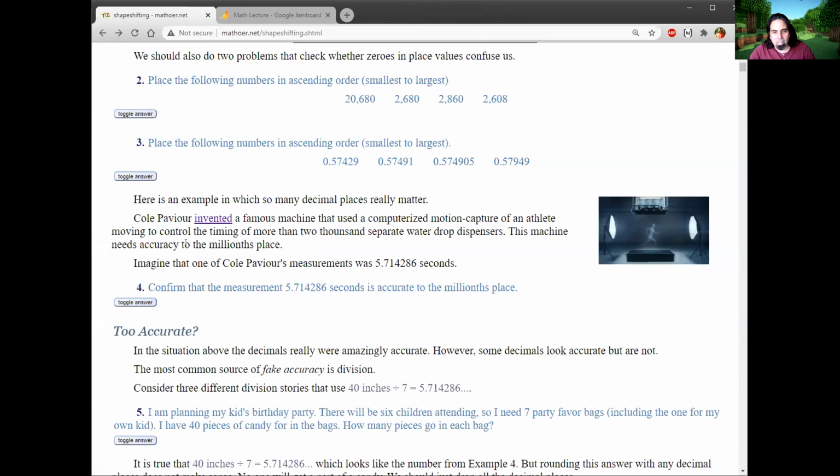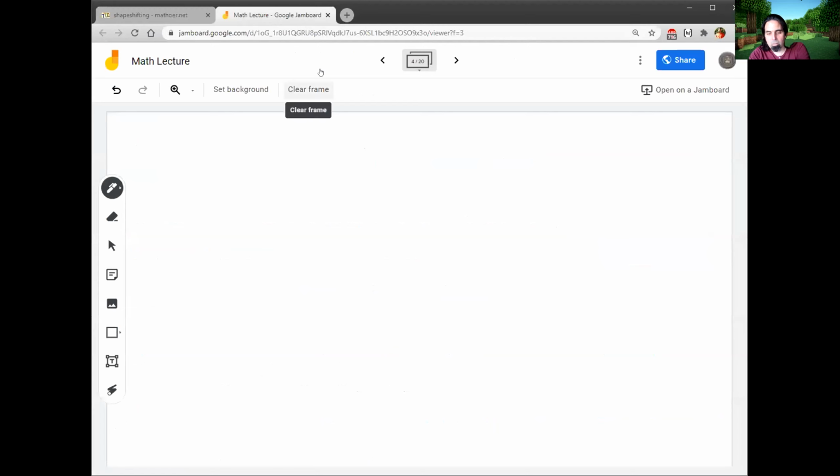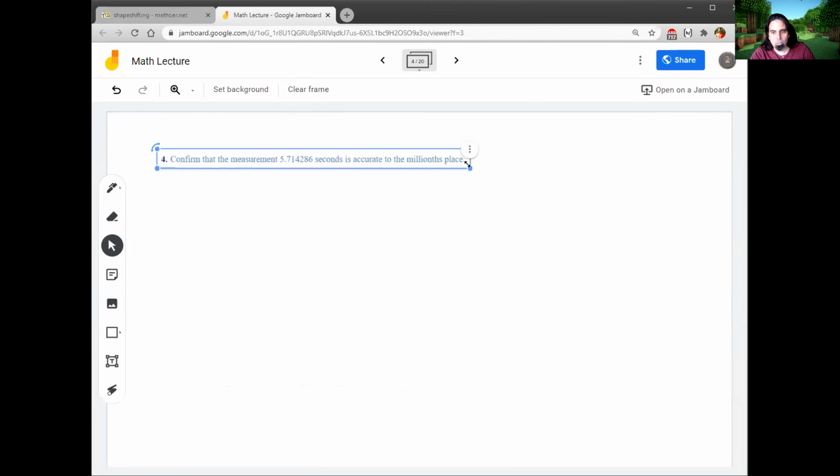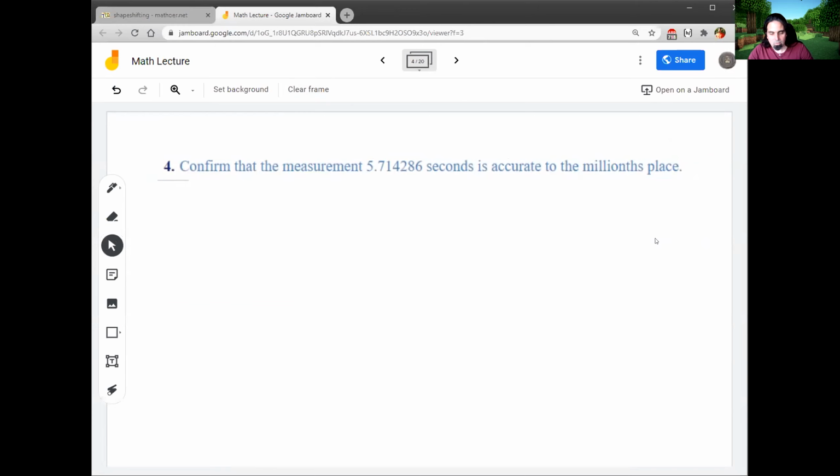So he had to measure things accurately to the millionth place. So we are going to confirm, if you actually read about it in the news, is this number accurate to the millionth place? So count them with me. So we have ones, the 7 is tens, the 1 is tenths, the 1 is hundredths, the 4 would be thousandths. At this point, I'm going to write something so I don't lose track. So that's the thousandths.